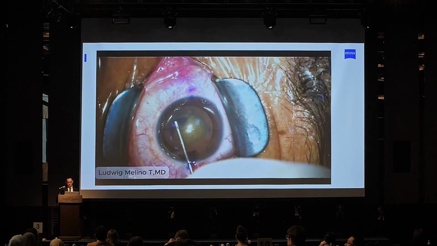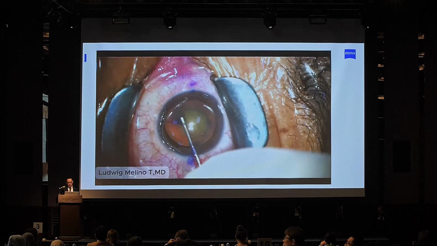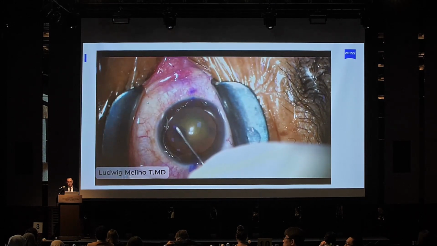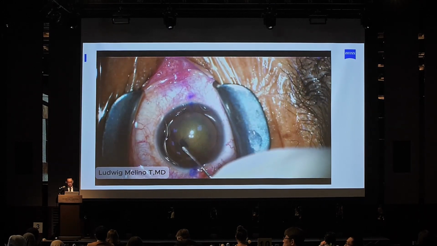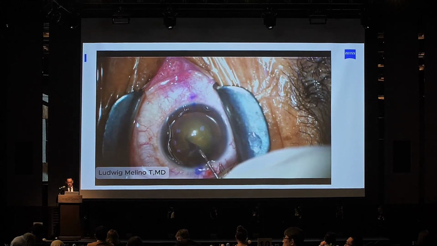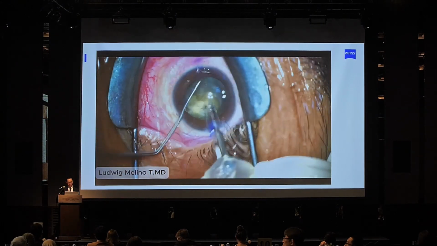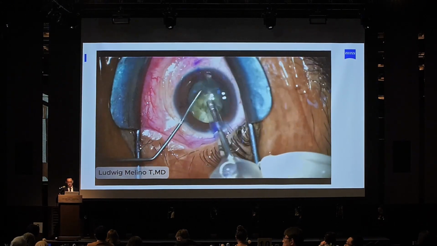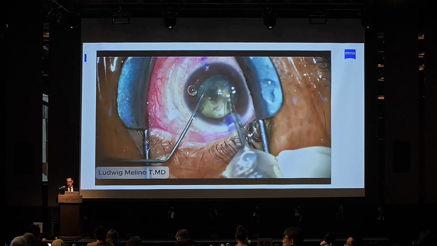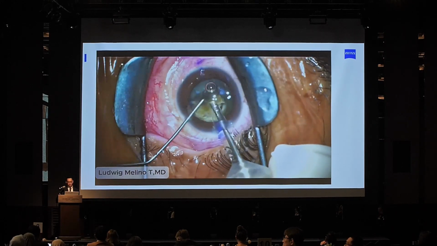This is the operation I have done with the Callisto before. So I do a manual marking. I make the capsulorhexis a little bit bigger, around 5.5 millimeters.